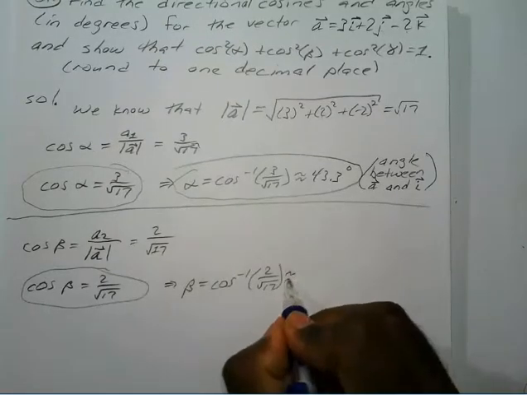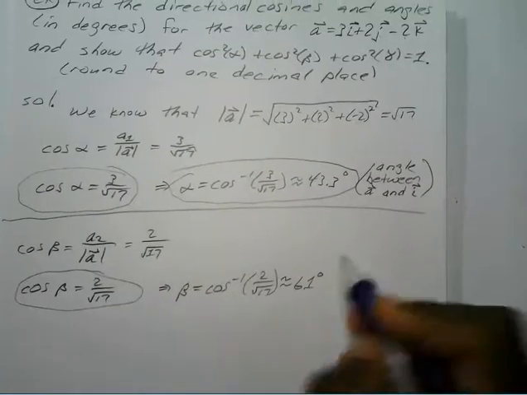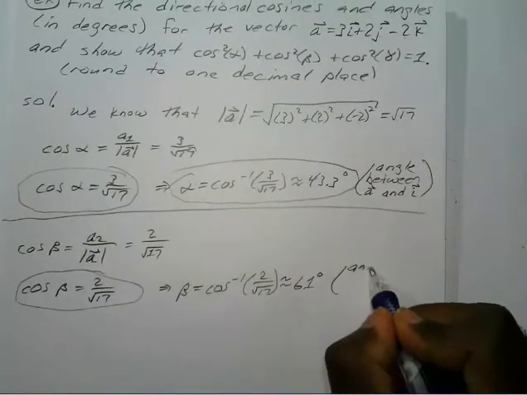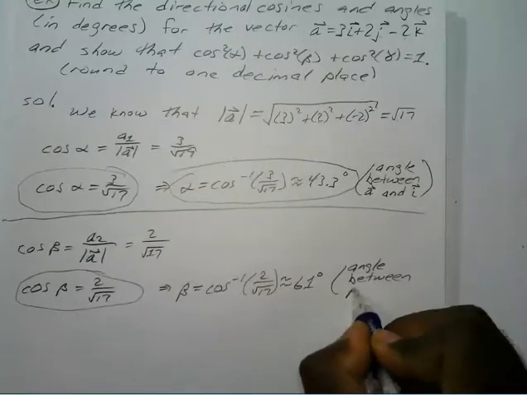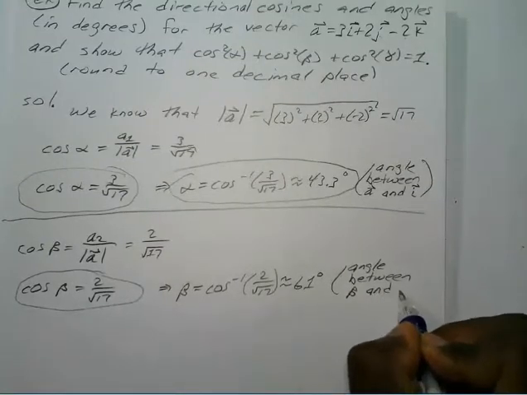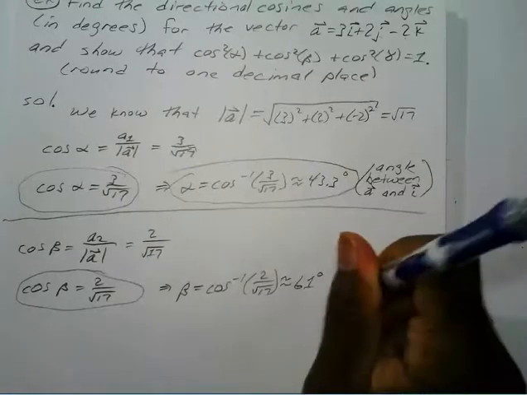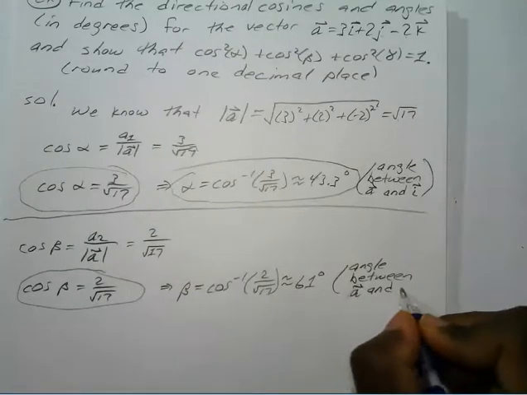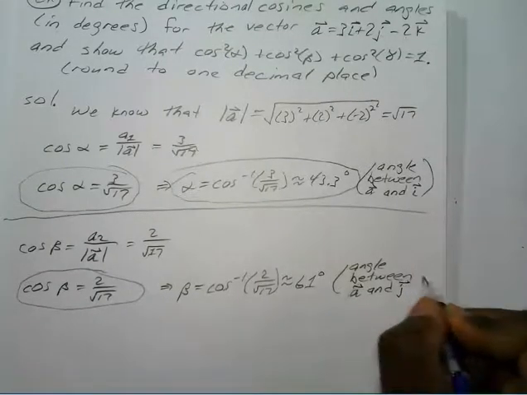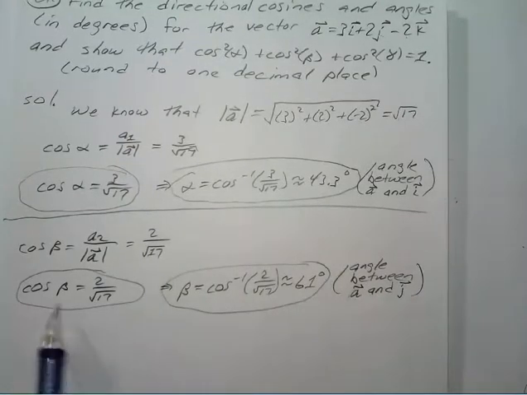And that comes out to about 61 degrees, okay, which is your angle between, oops, not beta, your A vector and J. Sorry about that. Okay, so again, your directional cosine and your angle.